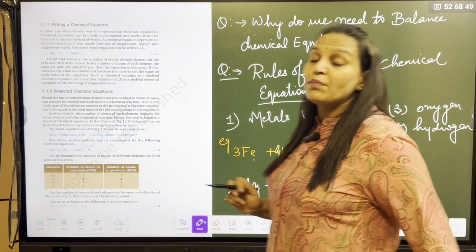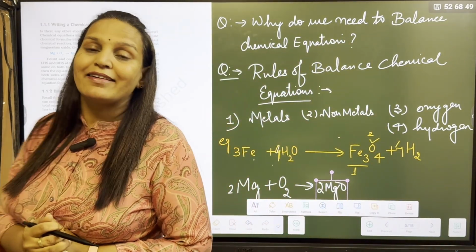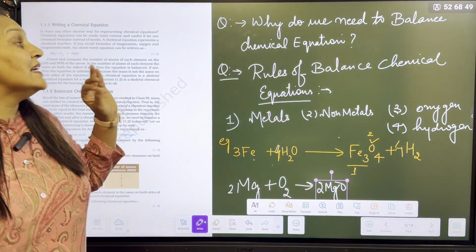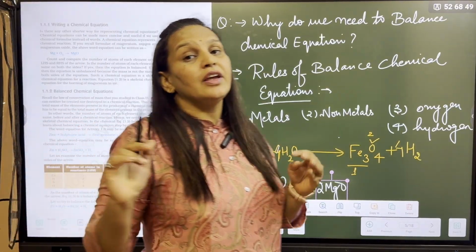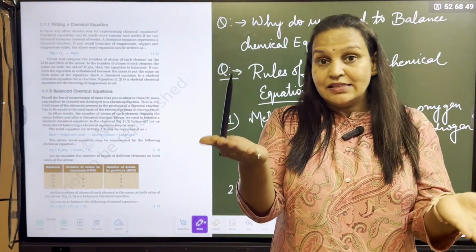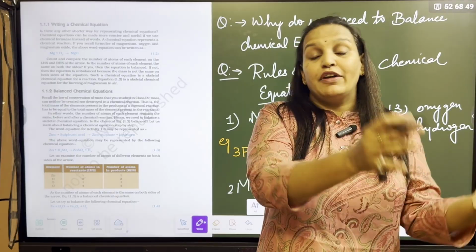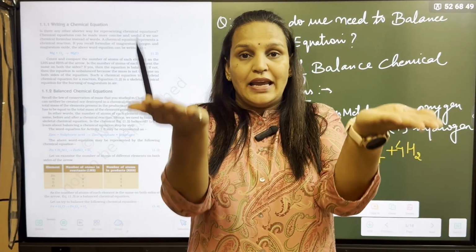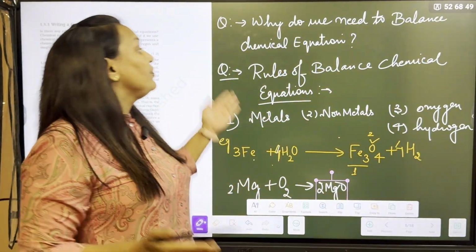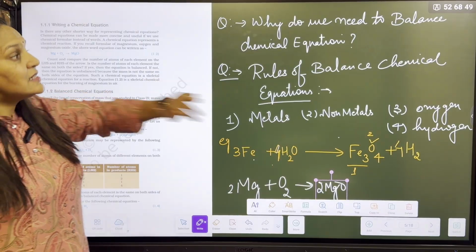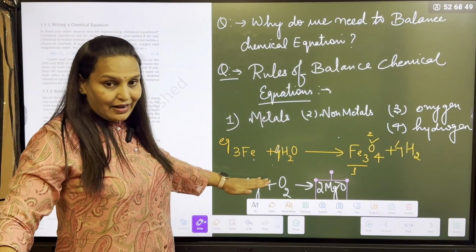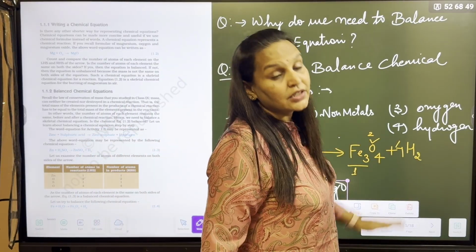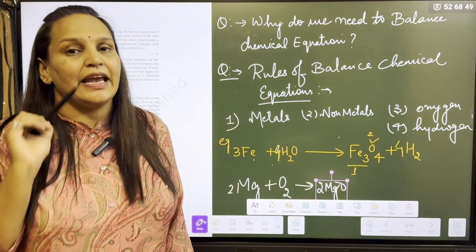So now the most important thing about chemical equations is, why do we need to balance? Have you seen when we go to the market to buy vegetables, the weight on both sides should be equal. Similarly, when we have to balance the chemical reaction, the number of atoms in the reactants and in the product should be the same.